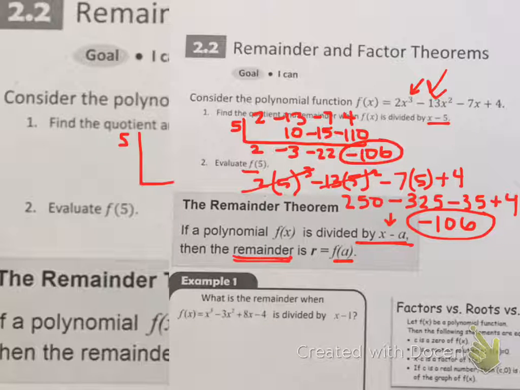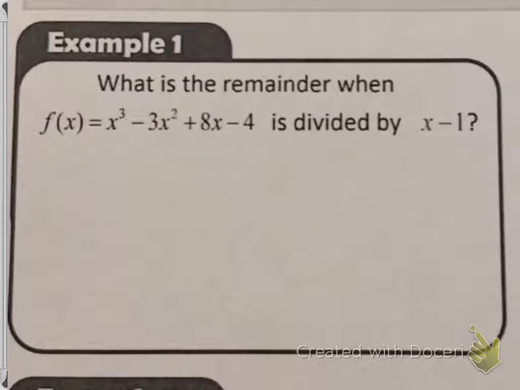So if you're doing a problem like this next one right here, where I asked you to find the remainder, then we can totally just substitute in our number instead. Because this is x minus 1, the number I'm going to substitute in is f of 1.